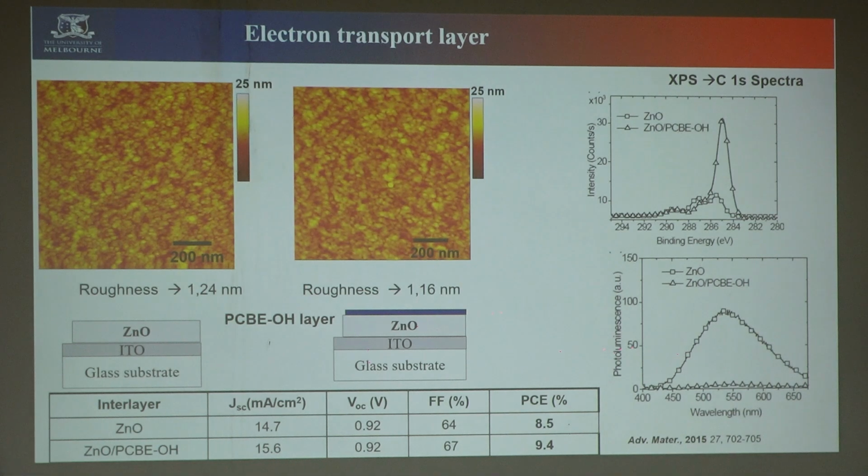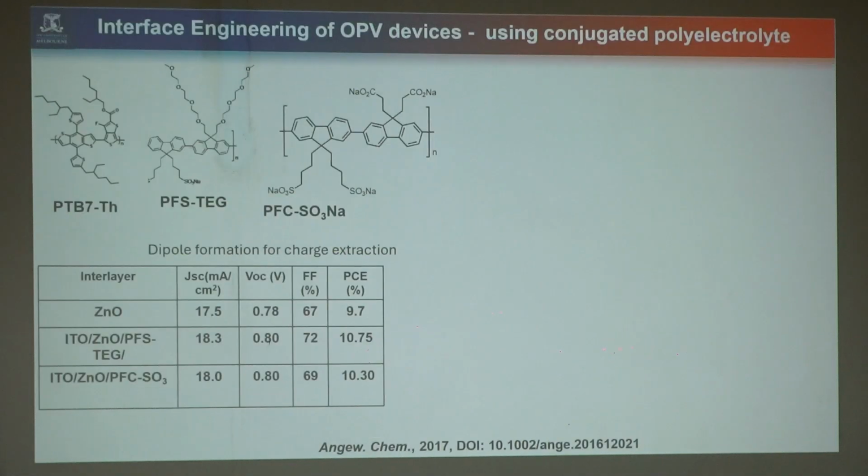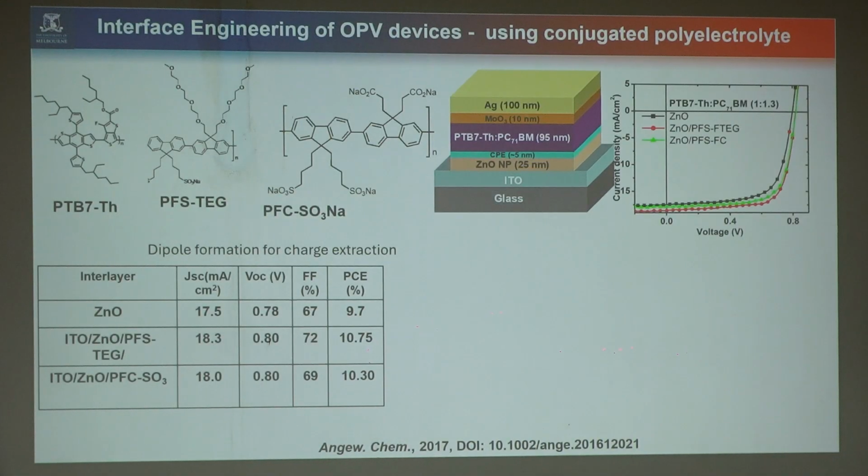So basically, unwanted energy levels should be passivated, in addition to aligning the energy levels of the interface layer. In other ways, we can use other polyconjugated interlayers, because again on top of zinc oxide we use a conjugated polyelectrolyte. Why do we call it a conjugated polyelectrolyte?